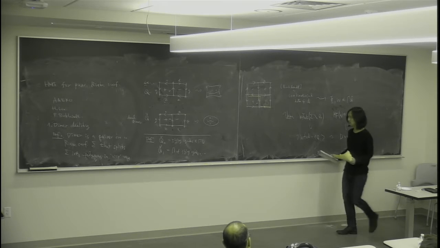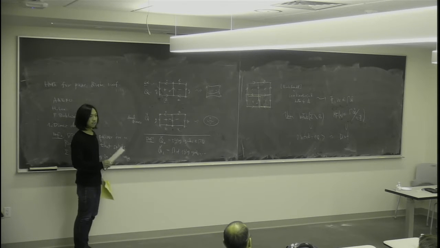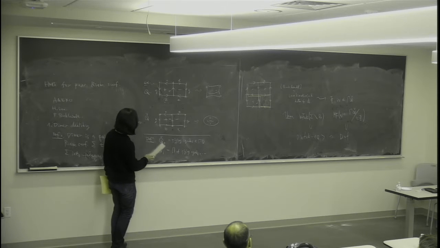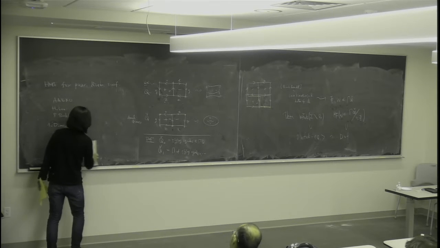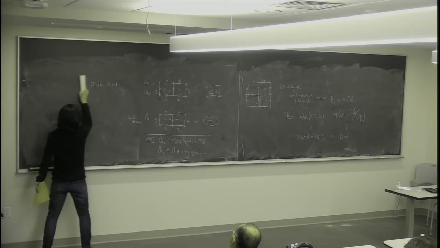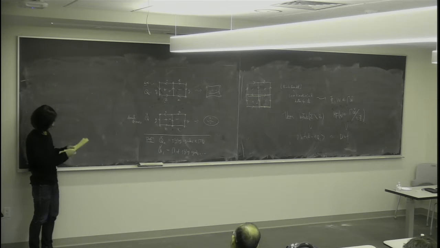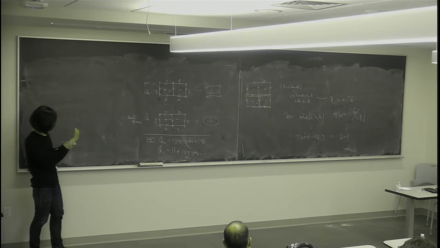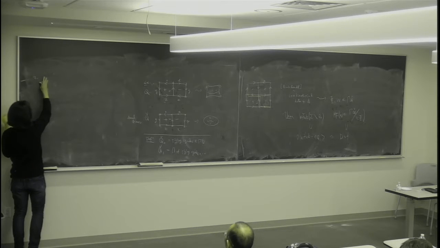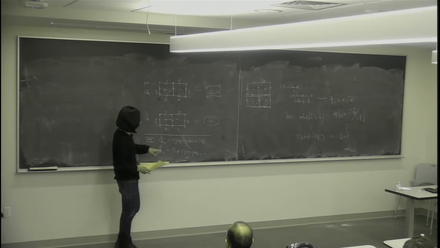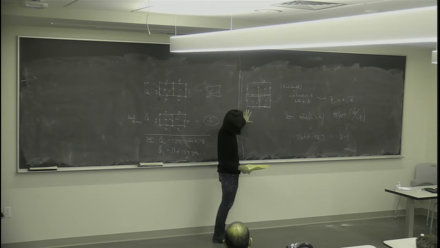And now I'm going to show you how to interpret his result using the Lagrangian Floer theory of certain Lagrangians on this surface. So I'm going to define something called a zigzag Lagrangian. You may already notice this zigzag cycle is somehow a kind of compact object, a compact circle.